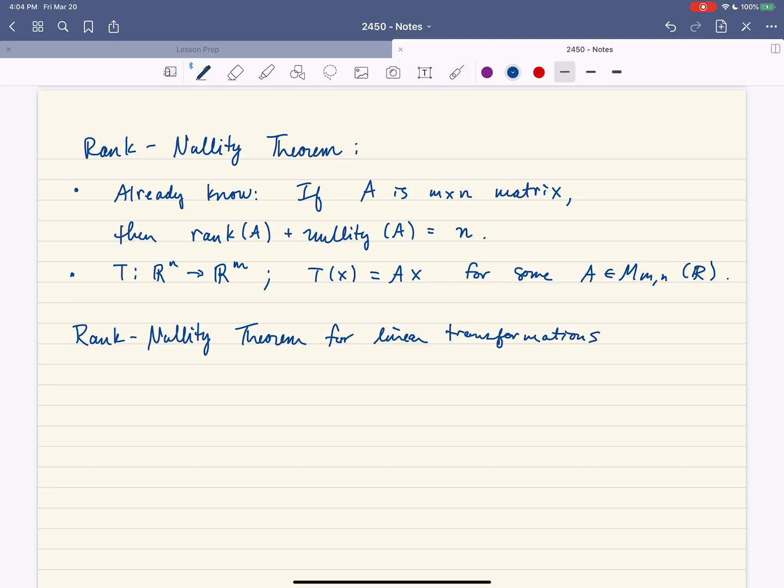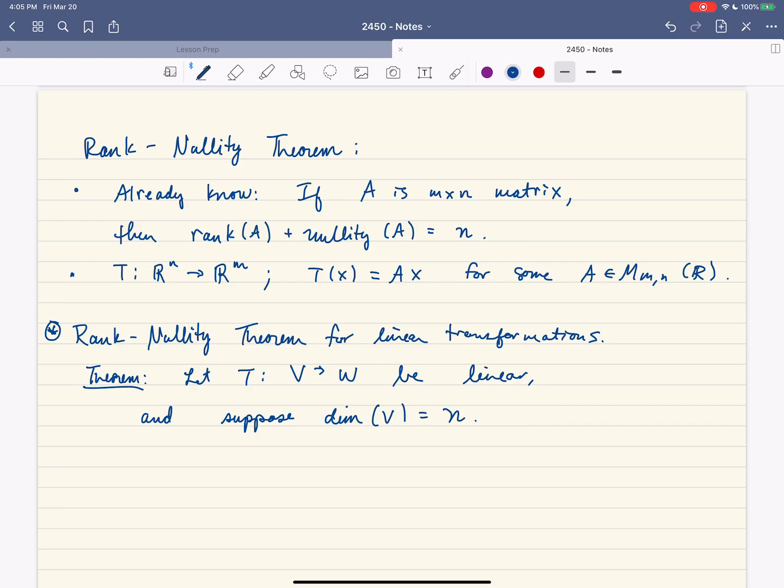Okay, and so all this theorem says is: let T going from V to W be linear, and suppose that V is an n-dimensional vector space.